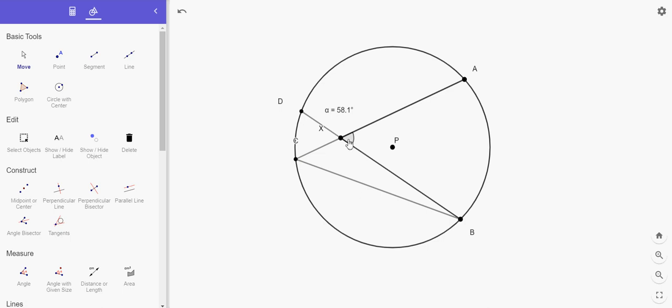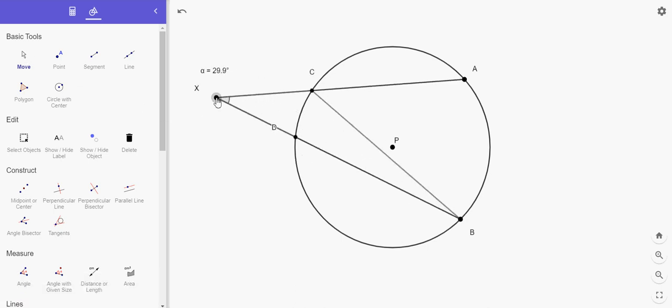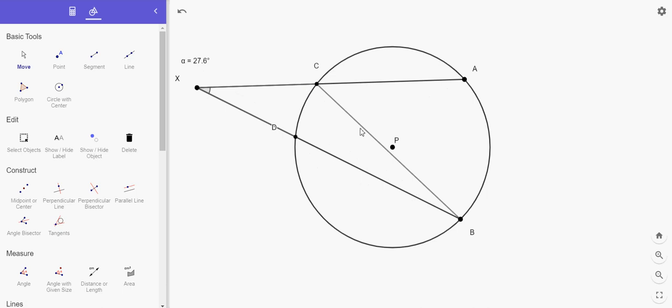By the exterior angle theorem, this angle is equal to this measure plus this measure, which is half of this arc plus half of this arc. And therefore this is half of the sum of the two arcs. The same idea works outside with the same construction. This intercepts this arc, so this angle is half of this arc.